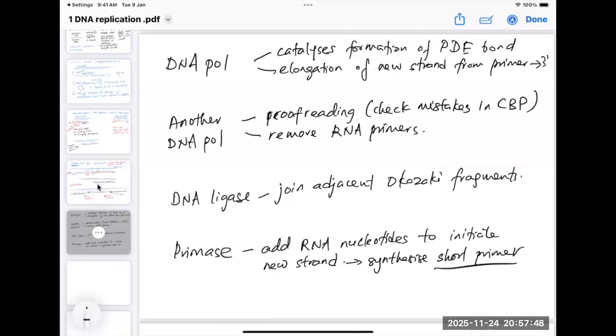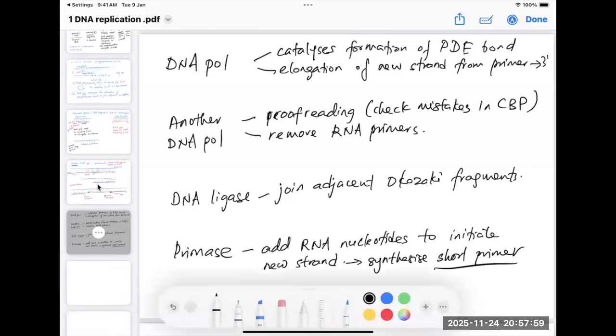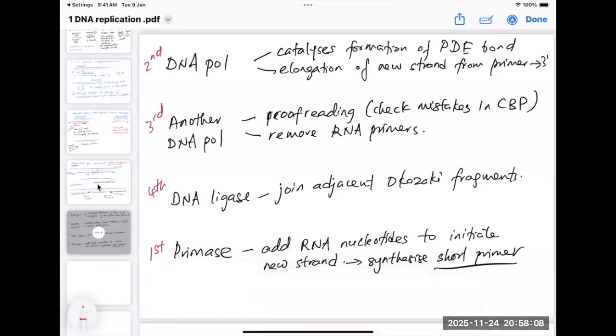Okay, by synthesizing a short primer, this is to allow the initiation later on. Okay, so in terms of sequence, this is the first step, this is the second step, third step, and fourth step, like that.